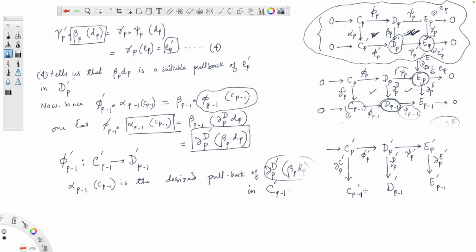And there are these homomorphisms, phi_{p-1} prime and psi_{p-1} prime.